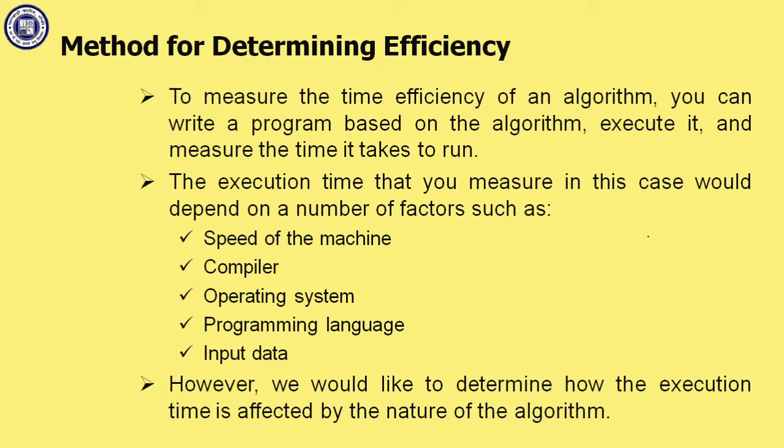Okay, moving further. Here we have the methods for determining the efficiency. So what are the things that we must consider? To measure the efficiency of an algorithm, you can write programs based on the algorithm, then execute it and measure the time it takes to run. The programs which we write do not take much time.